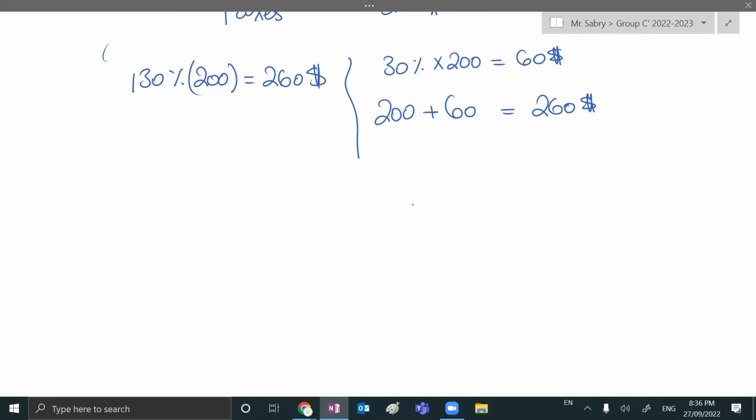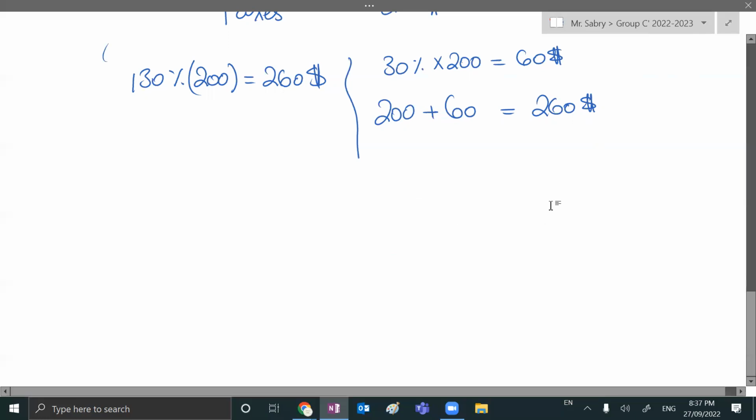But if we add 30%, it becomes 100 plus 30, which is 130%. And then I'll calculate that right away: 130% times the 200 on the calculator would get me the answer after the addition of the 30% right away. Not clear still? No, I understood. Okay. Everyone, is this okay?